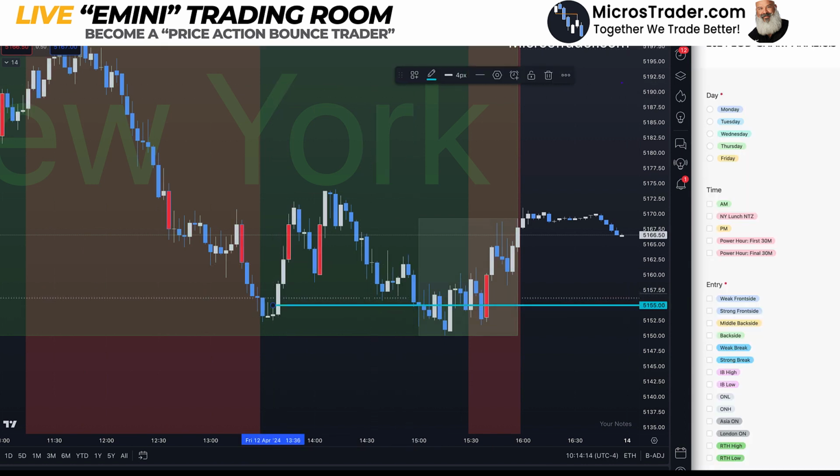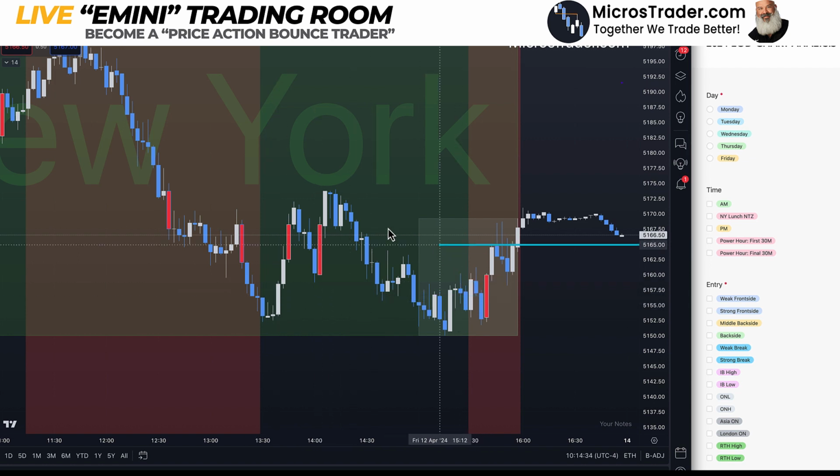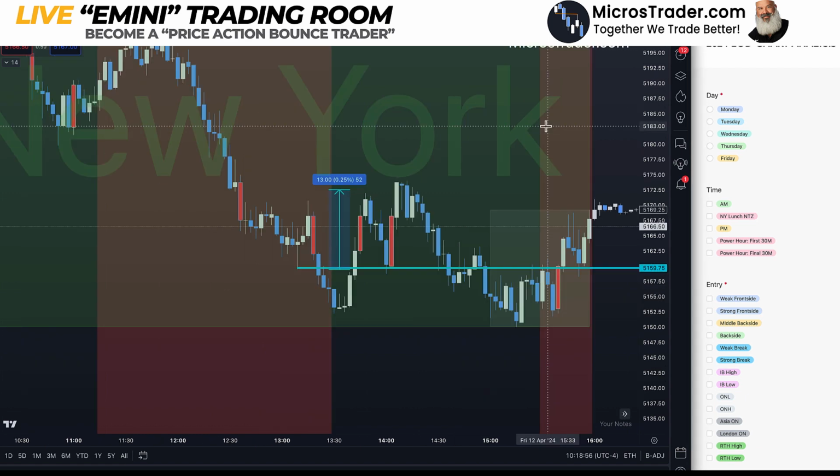I don't think you'd have been in that trade and it's tested, so I probably will not record this, because if I wouldn't have been in the trade, I can't count it. That's my 3 ticks tested. It bounced. I would not have been in that trade because I'm not going to front run along in this situation by a point. No, thank you. Boom, boom, boom. That's it. There's nothing else that day.